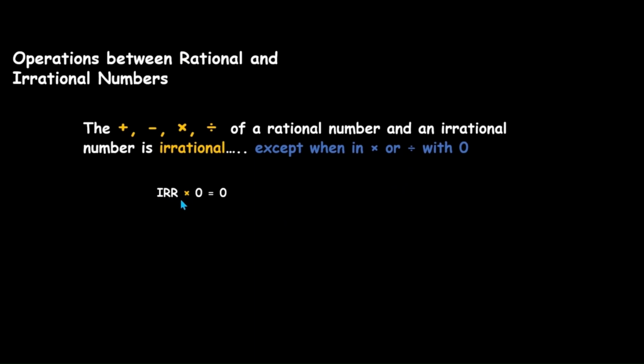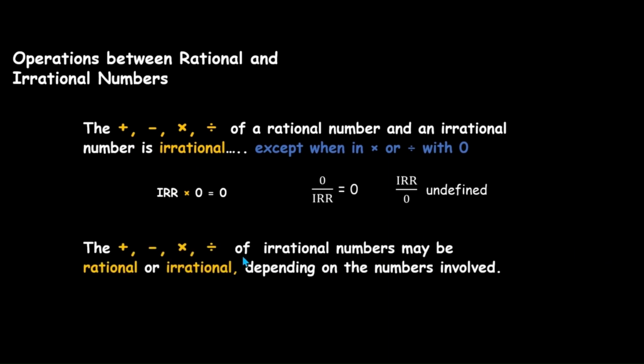An irrational number, when multiplied with 0, yields 0, which is a rational number. And when 0, which is a rational number, is divided by an irrational number, it always leads to 0. And when 0 is in the denominator, that operation is undefined. So except for these few cases, the operations between a rational number and an irrational number are always irrational.